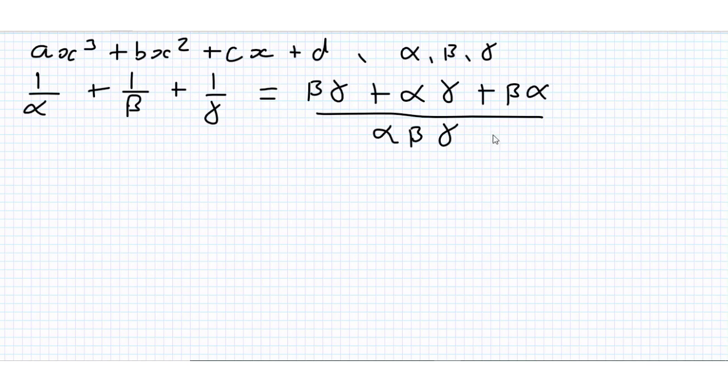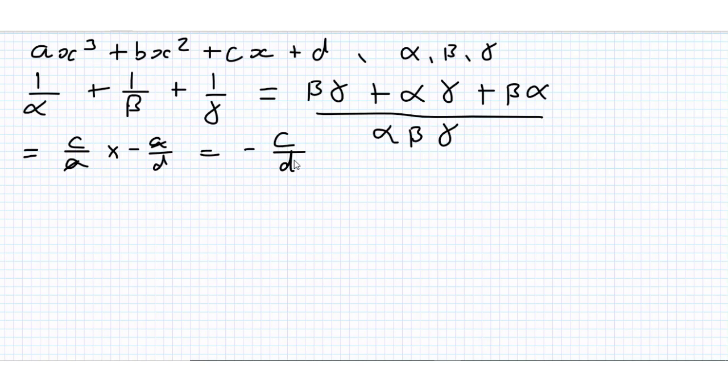This is the sum of the products of two roots, and that's equal to c over a, so this is c over a divided by the product of all of the roots, which is minus d over a, so that's multiplied by minus a over d. These cancel each other out, and we get that this is equal to minus c over d.